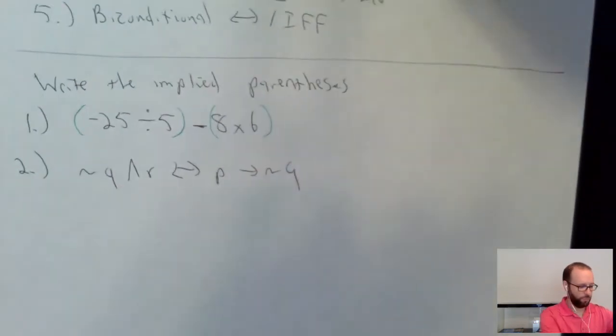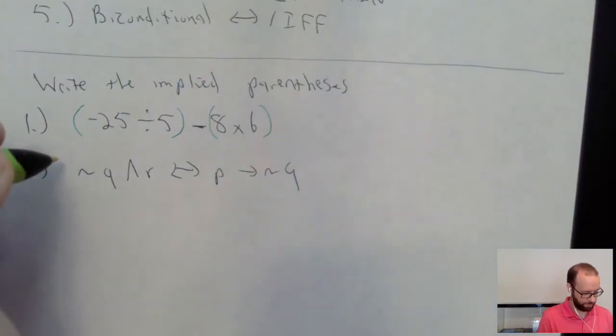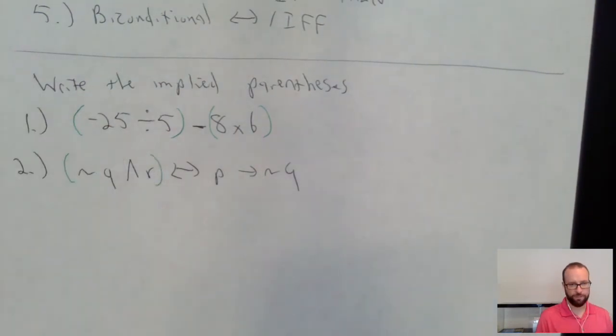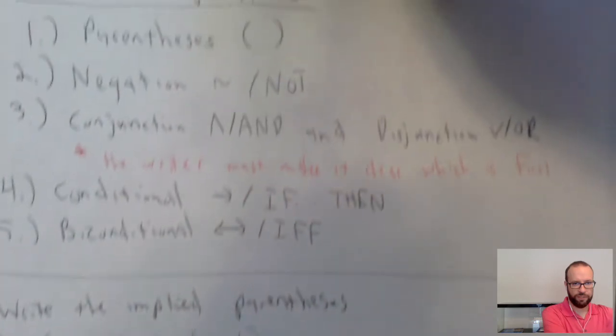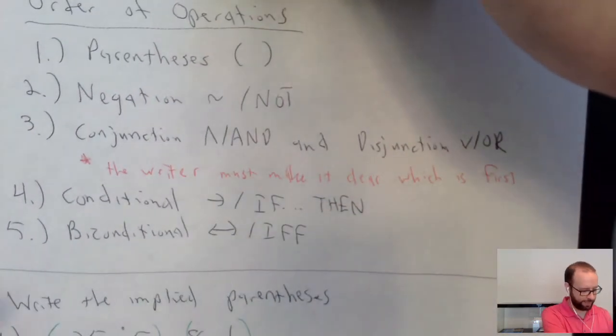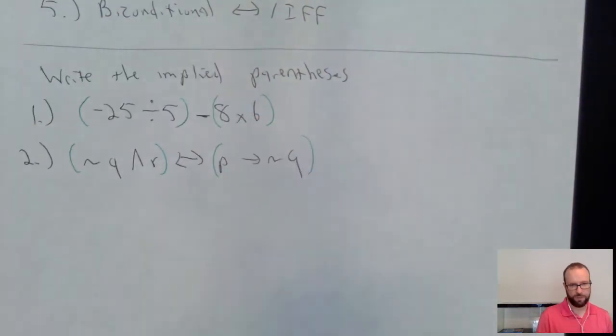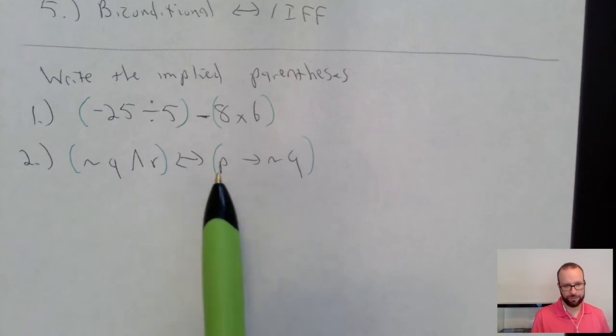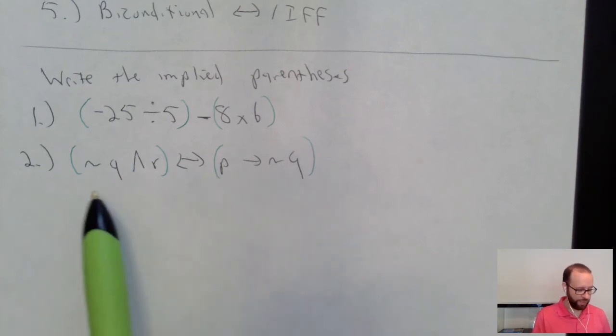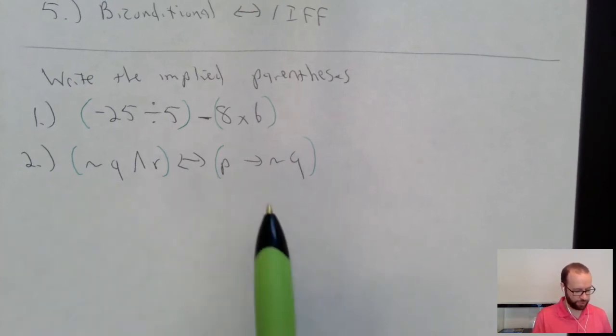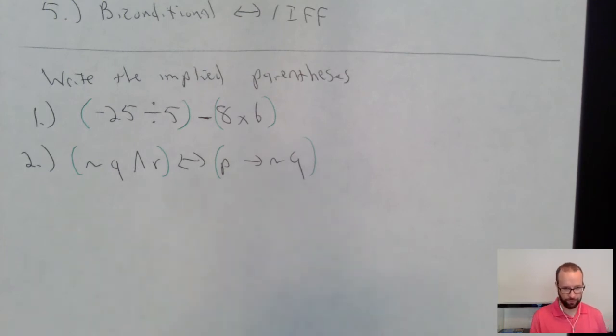So I'm going to put parentheses around not Q and R. Now between the conditional and the biconditional, I see conditional wins out. So down here, I'm going to put the next set of parentheses around if P then not Q. Okay, this statement is the same with or without these parentheses. If you see not Q and R, if and only if P then not Q, you should know I'm going to do that conjunction, then the conditional, then the biconditional.